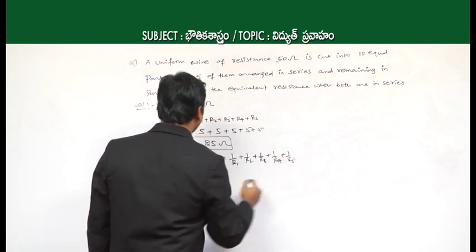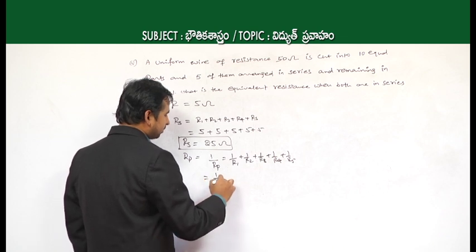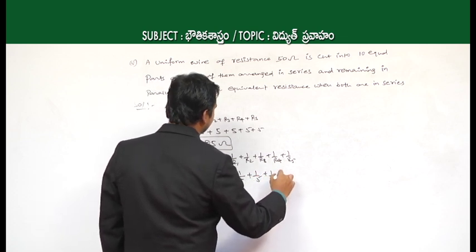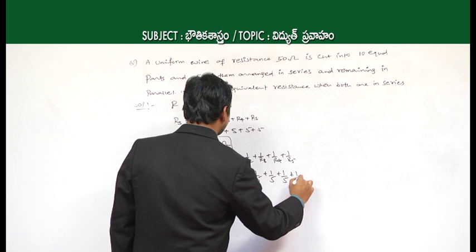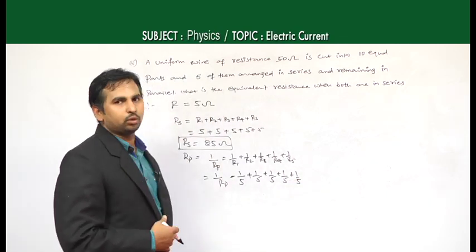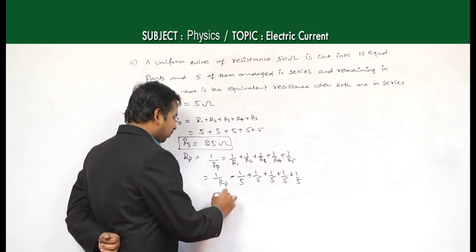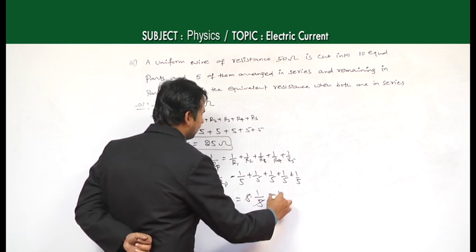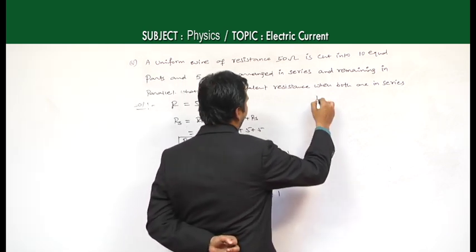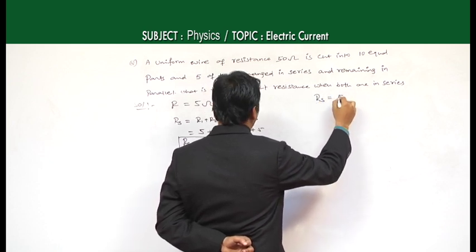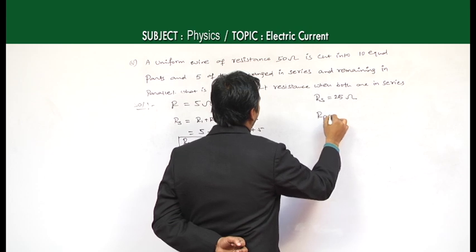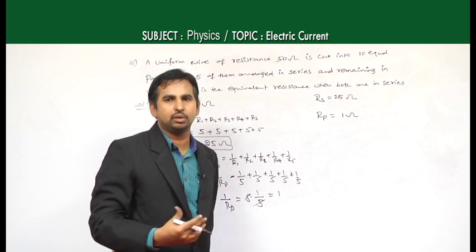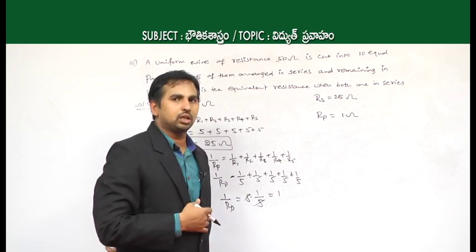Each resistance is 5, so we are adding 1 by 5 a total of 5 times. So 1 by Rp becomes 5 times 1 by 5, which is 1. Therefore, we finally got the Rs value as 25 ohms and the Rp value as 1 ohm, because 5 into 1 by 5 becomes 1.